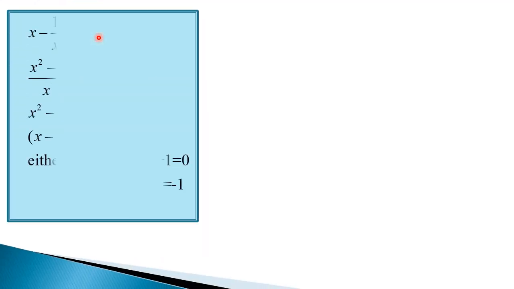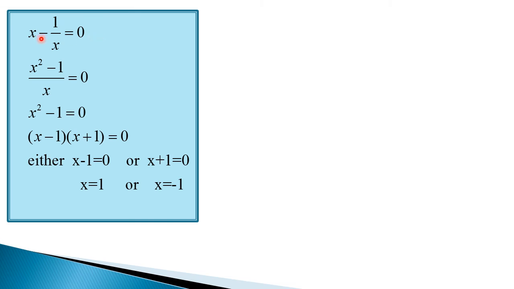Now students, first we will solve the equation x minus 1 over x equals 0. When we solve x minus 1 over x, our equation becomes x square minus 1 over x equals 0. When this x is shifted to the other side of the equality sign, the equation becomes x square minus 1 equals 0. Here we are going to apply the formula of a square minus b square, that is equal to a plus b into a minus b.